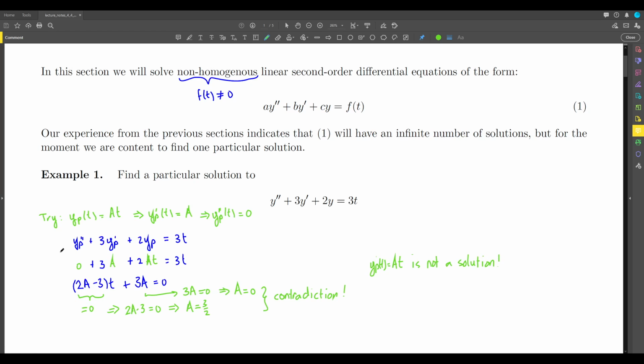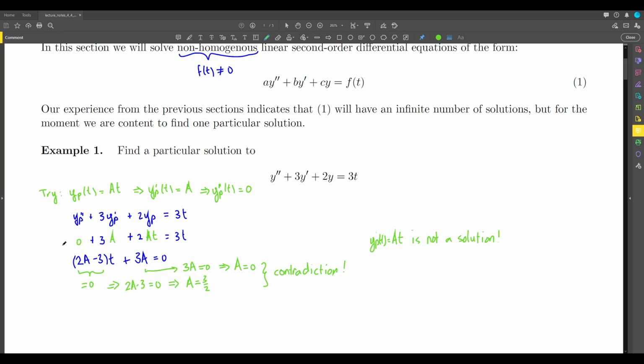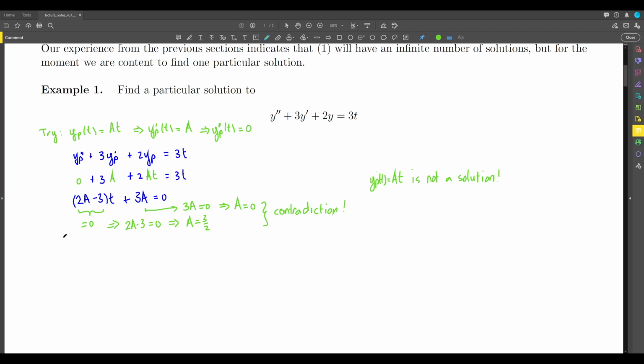Okay, now we're not going to give up just yet. Let's introduce a function that is slightly more complicated, but not too much. So for our second try, number 2, we're going to try yp(t) = at + b.